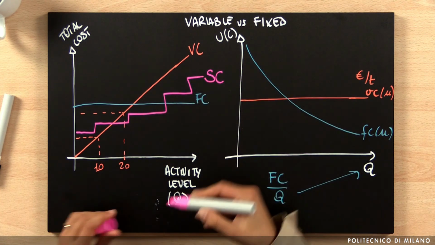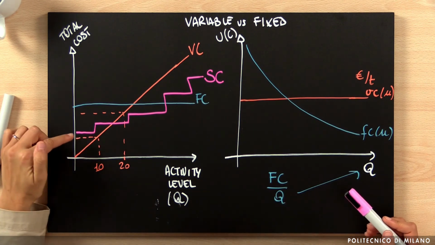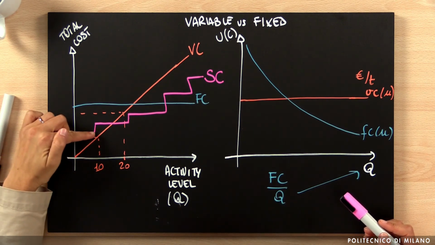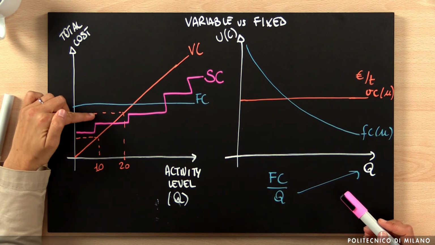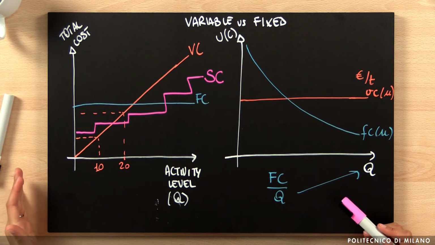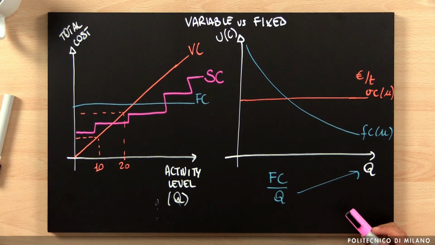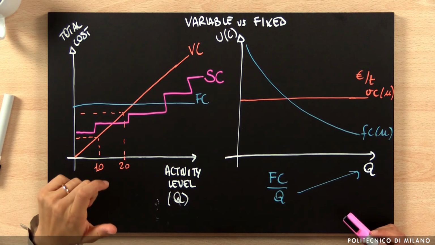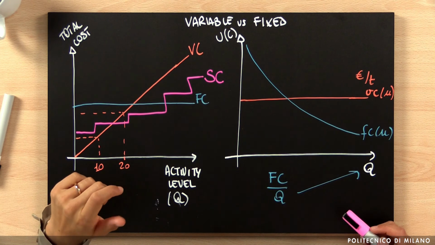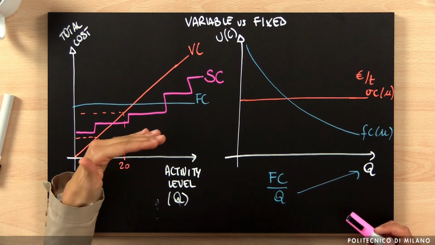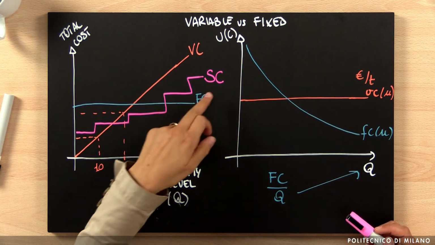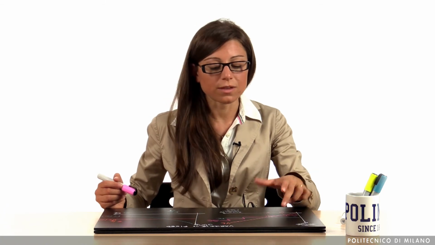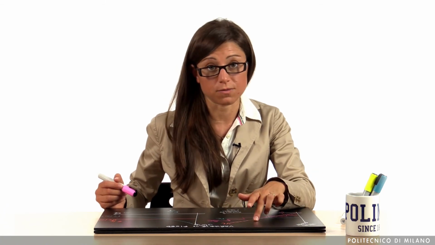As you can see from the shape, basically they have a component which is fixed and then a component which is variable. The typical example is that of utilities. We have a fixed rate which is paid for the lighting, the heating, and then the overall amount paid depends on the consumption. So the higher the usage of the machine, the higher the consumption of the utility itself. So they are in between what is fixed and what is variable.